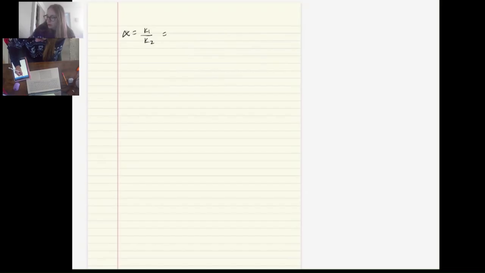We also know that this is y1 over x1 multiplied by x2 over y2. And from that we can extrapolate that alpha is equal to y1 times (1 minus x1) over x1 times (1 minus y1).